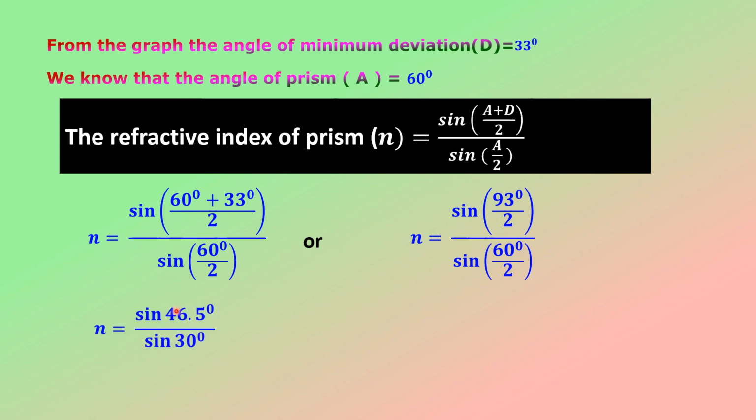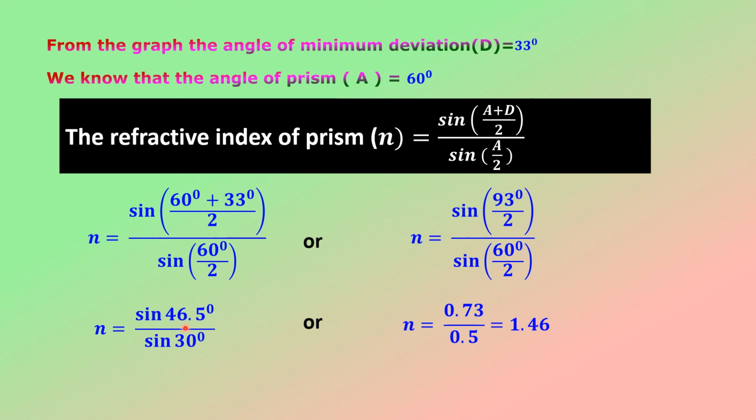Here 93 by 2 means 46.5 degrees, by sine 30, since 60 by 2 means 30. Here I have used the sine tables, or you can use a scientific calculator to know the sine values for these angles.